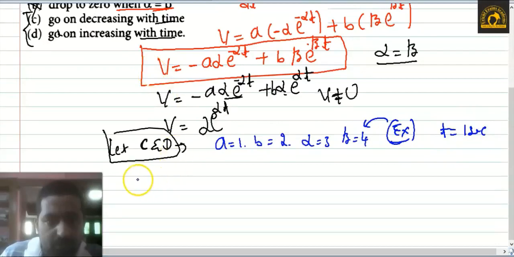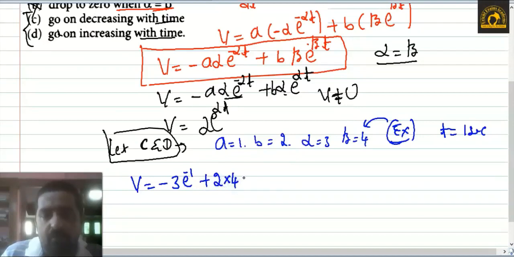So now put the value: v is equal to minus a, which is 1, alpha 3, e to the power of minus 1 into t, plus b 2, beta 4, e to the power of beta into t.